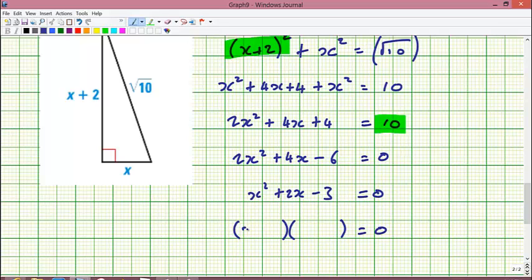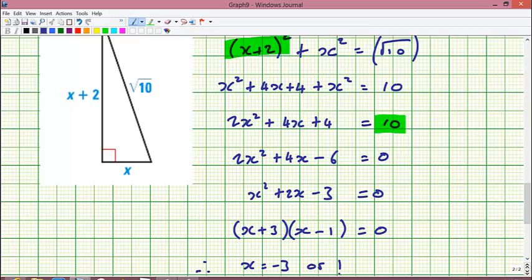So this is going to give us, now the p plus q is going to add up to 2 and multiply to negative 3. So I think that's going to be plus 3 and minus 1. So our values, x will either be negative 3 or 1.